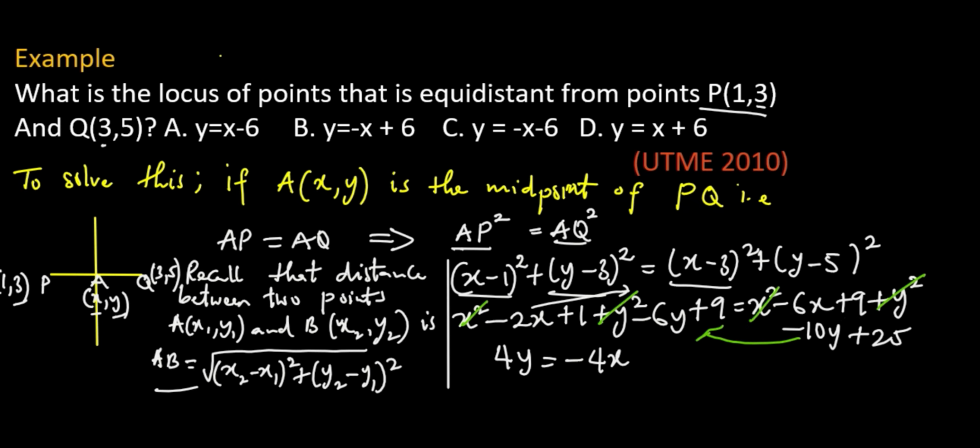And this is 25 now, minus 1 on that side, since the 9 will cancel 9 there, so it will give us plus 24. And we divide everything by 4. So we'll say that y is equal to minus x plus 6. Okay, this becomes option B for the answer.